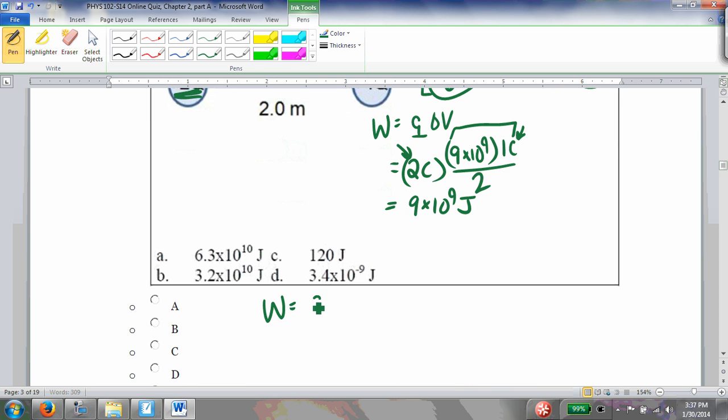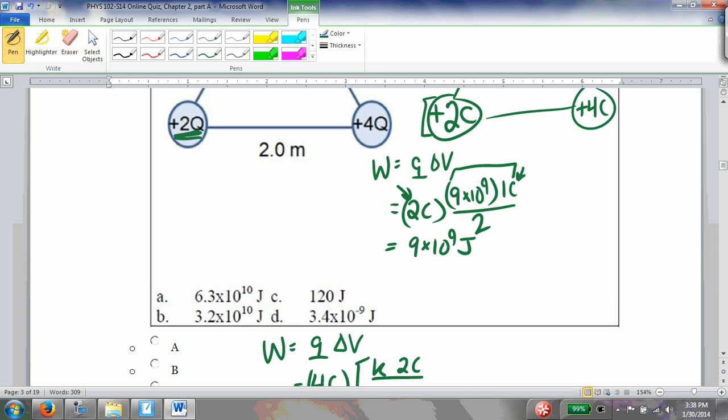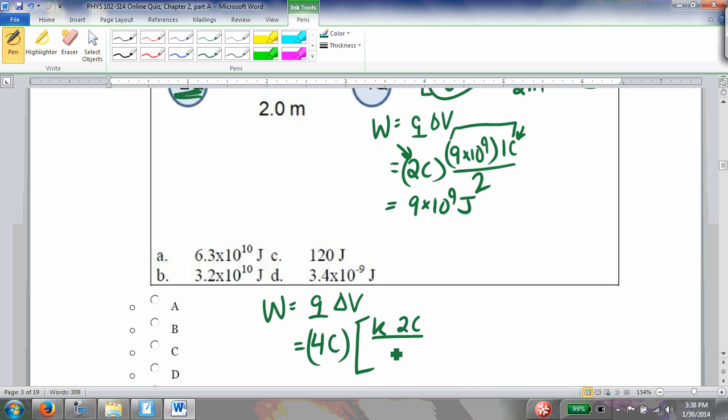Work is equal to Q times delta V. That was a 4 coulomb charge that I'm bringing into place. And then the delta V is going to be the sum of the potentials due to the other 2 charges. So that is going to be K times 2 coulombs divided by this distance, which is 2 meters.